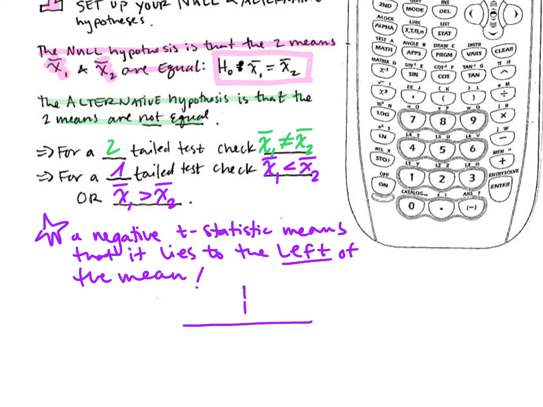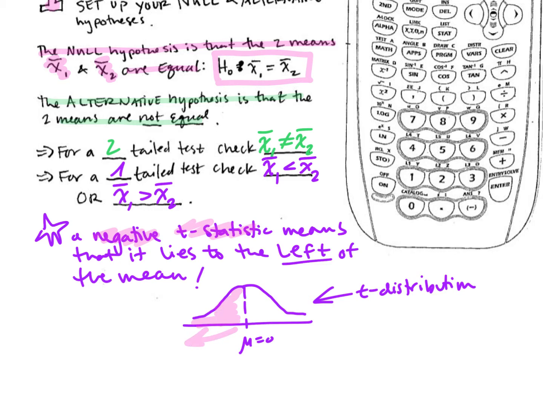So again, let's say your mean is here, and it's going to be 0 for a reason. So this is a t distribution. And a negative t statistic means that you're somewhere over here, below the mean.